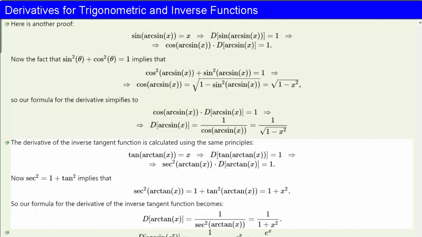Sec squared is 1 plus tan squared. So sec squared arctan x is 1 plus tan squared arctan x, and that's just 1 plus x squared. So our formula for the derivative of the inverse tangent function becomes derivative of arctan x is the reciprocal of sec squared arctan x, which is 1 over 1 plus x squared.